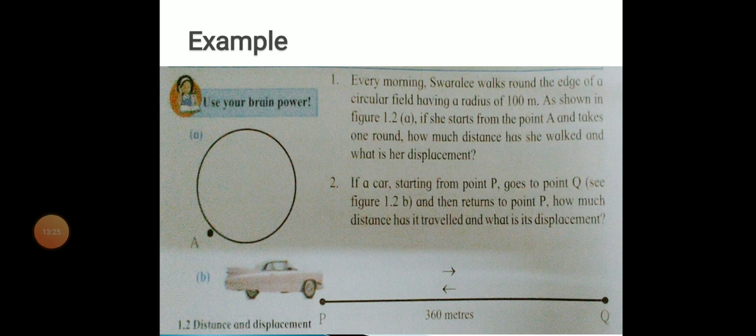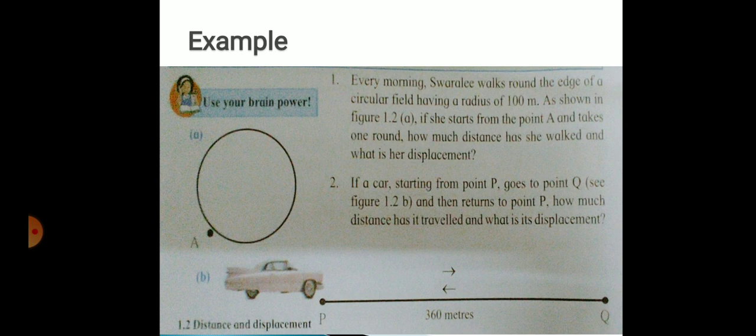Now use your brain power and tell me, can the magnitude of the displacement be equal to the distance traveled by an object through these two examples? In the first example, every morning, Swarali walks along the edge of a circular field having a radius of 100 meter as shown in this figure 1.2a.